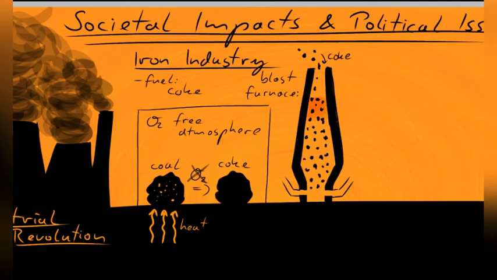This allows iron ore that can be mined from various mines to then be smelted into iron, which is used for all sorts of machines and tools throughout the Industrial Revolution and still today.